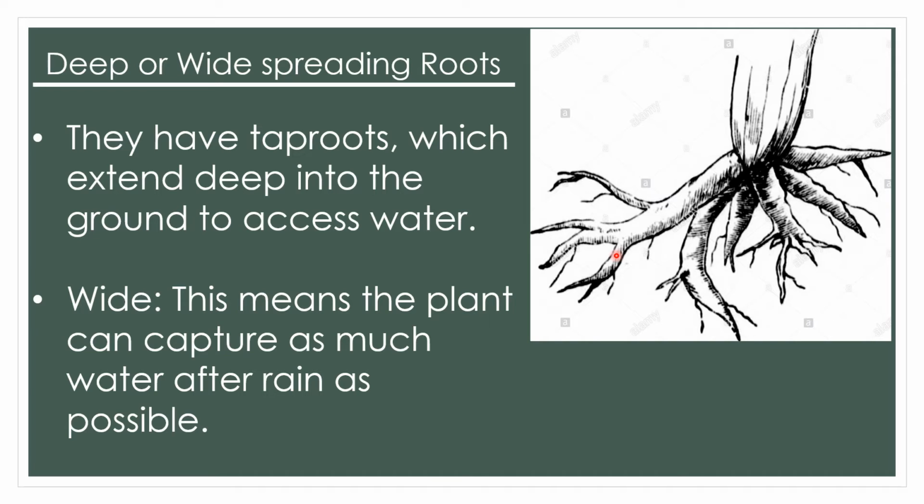And it's wide because the plants can capture as much water after the rain as possible. In the exam, they might give you a true or false question, telling you that spreading roots minimize water loss, but this is a false statement because it maximizes water uptake.